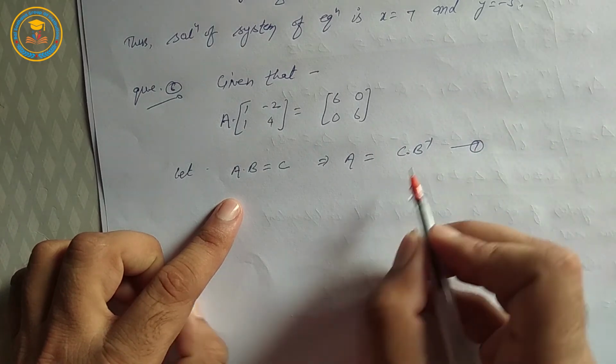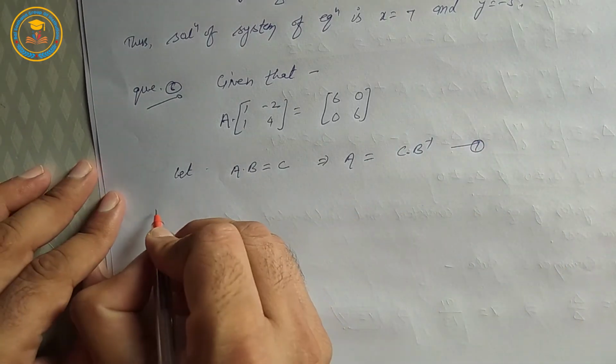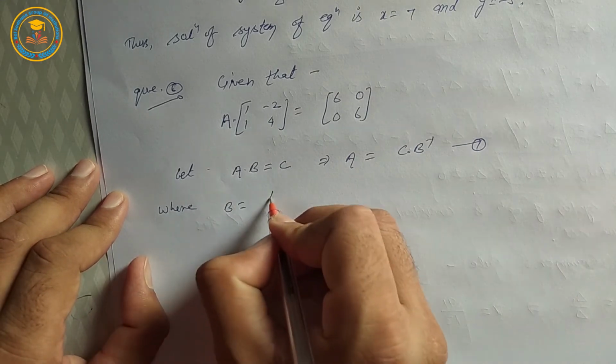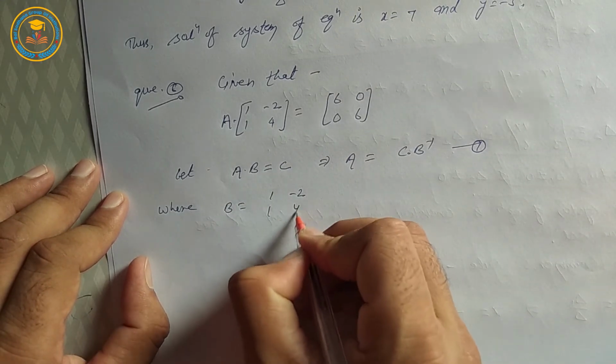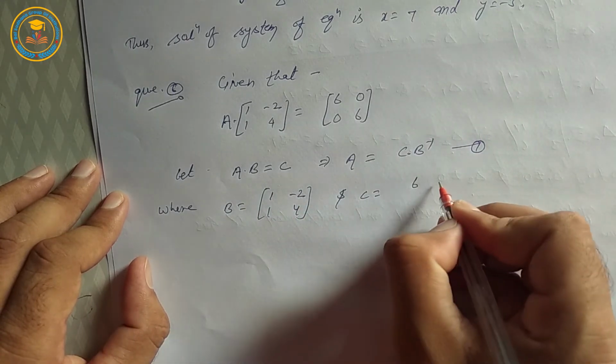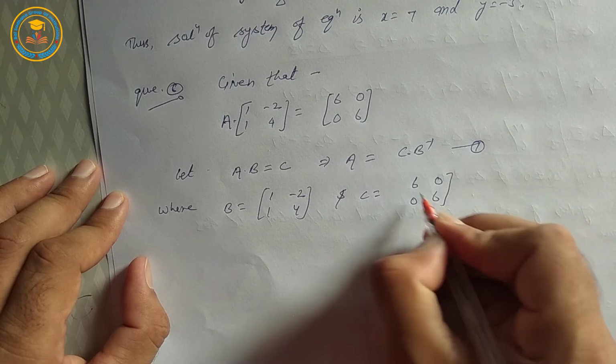Equation first. Matrix B is equal to [1 -2; 1 4] and C is equal to [6 0; 0 6]. Okay.